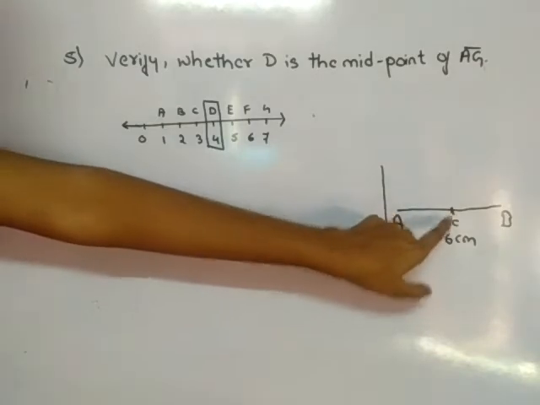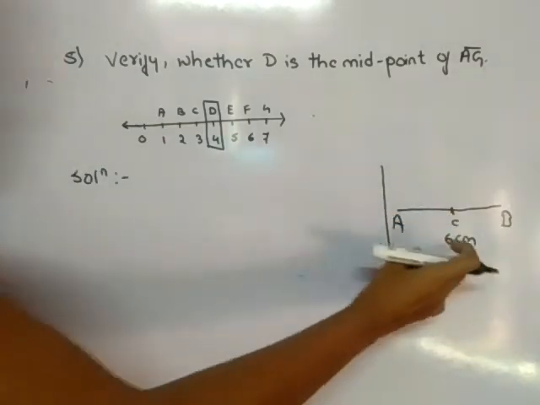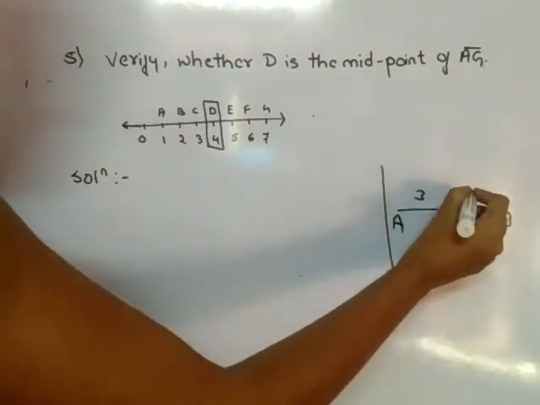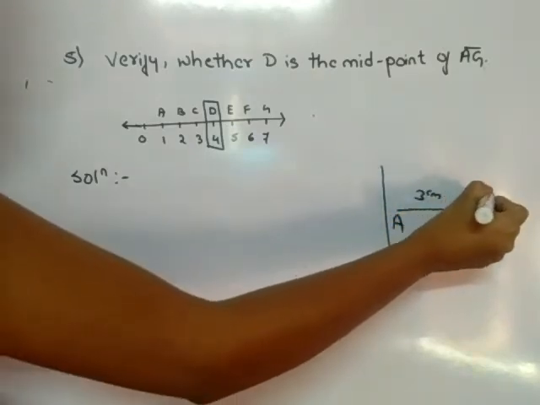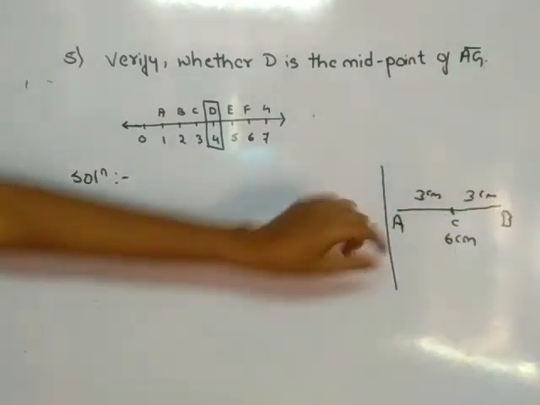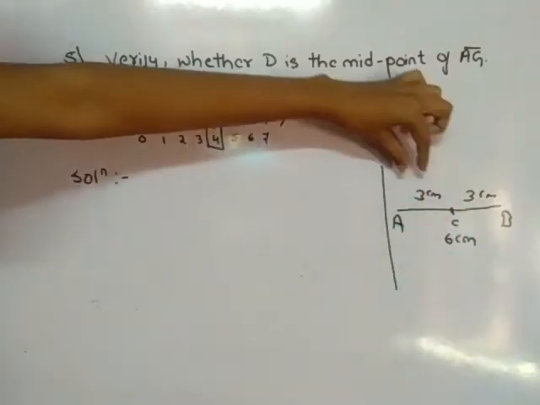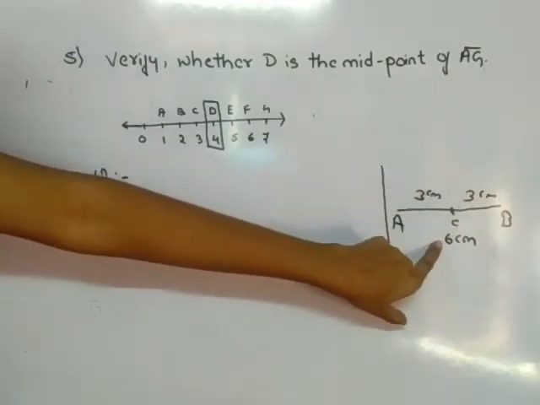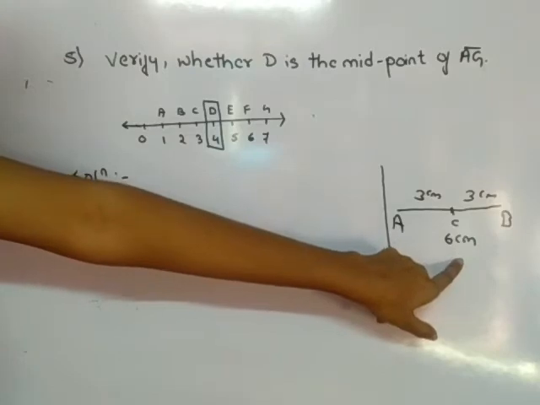The midpoint means it will divide the line segment in two equal parts. Okay, two equal parts means AC will be 3 cm and again CB will be of 3 cm. Okay, this is what the point C, dividing the line segment in equal parts. If you add these two values, again you are able to get a 6 cm. Add this 3 plus 3, that is 6 cm, isn't it?